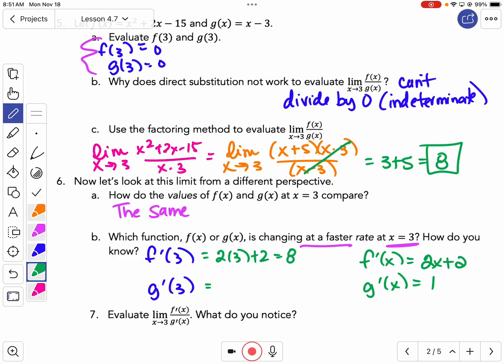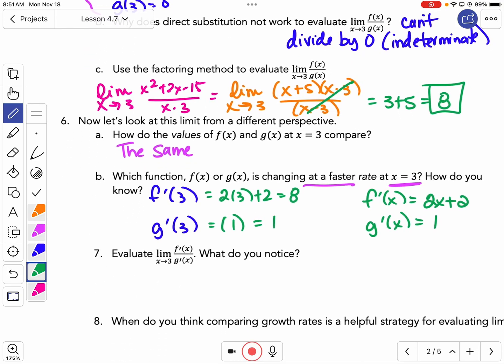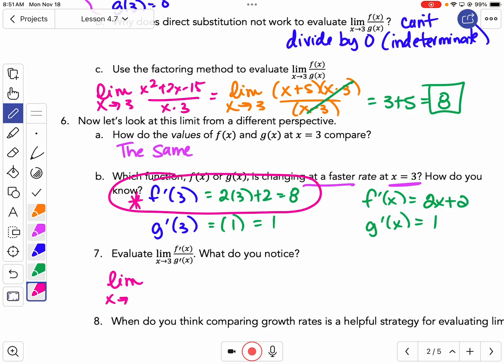And g prime, no, we just get 1. Okay. So who's moving faster? F prime is increasing faster, because that's what it wanted to know, sorry. Right, it has a higher rate of change right there at 8.